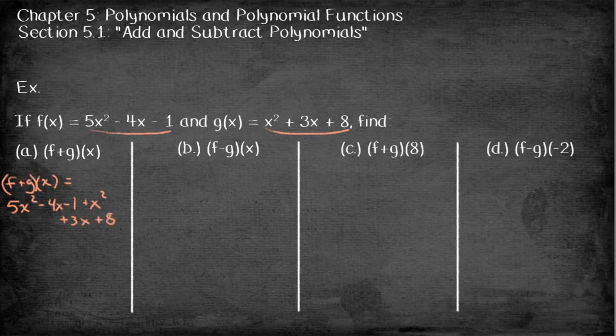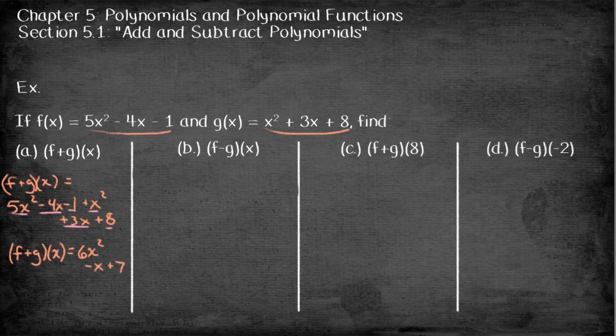And let's see if I have any like terms: a 5x squared and an x squared, a -4x and a positive 3x, and a -1 and a positive 8. So f plus g of x is 6x squared minus x plus 7.